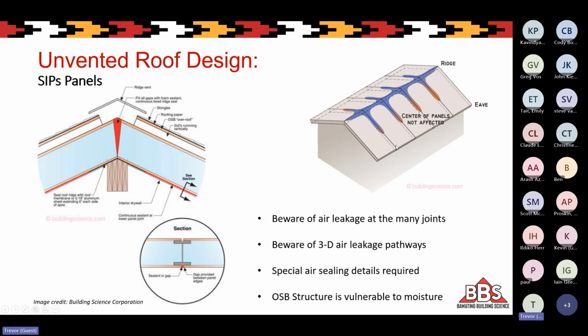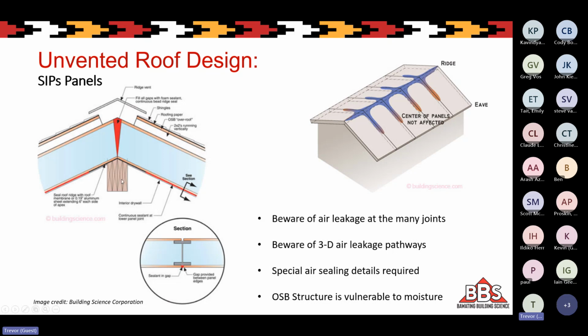So if air leaks from the building into the panel, even out here at the wall, it's going to follow this joint up and start to accumulate near the peak. This has been a real issue in far northern climates of moisture accumulation at the ridge and ridge rot in SIPS panels. It's really important that these are installed very airtight.